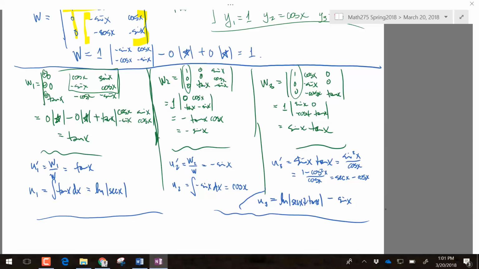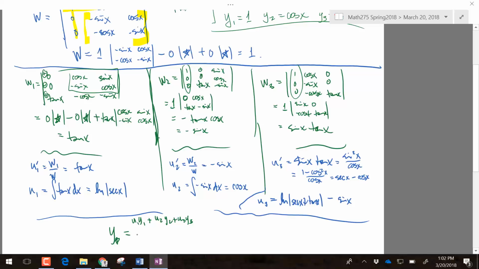And then from here, we string them all up. Our y particular solution, we'll call it y sub p, is going to be equal to u1 y1 plus u2 y2 plus u3 y3.